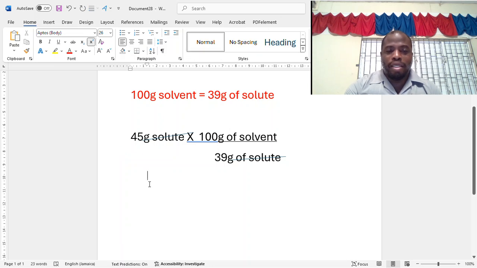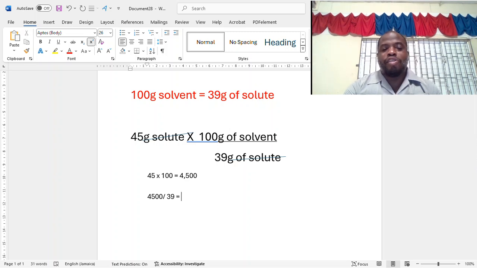So what is this saying? It is 45 times 100, which is 4,500. 4,500 divided by 39, and you will get, when I worked it out, 115.4.